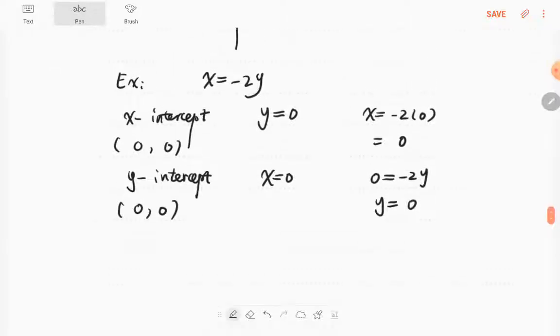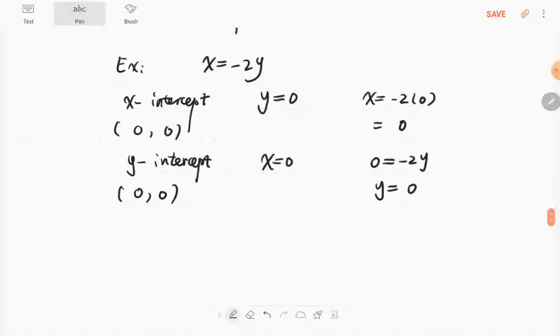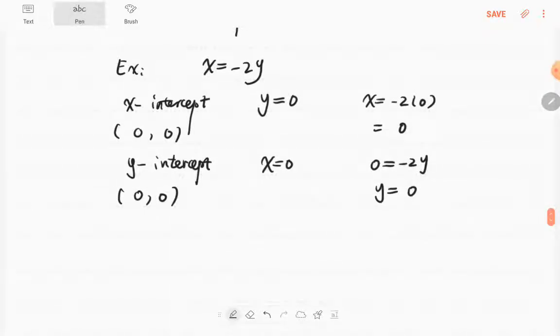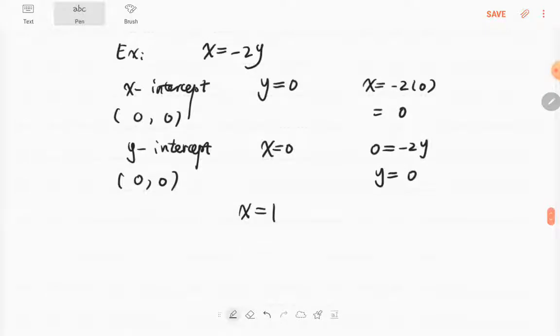We can set another one. Let's say for the third point we want to set x equals 1. Then we use 1 to replace the x value. Or let's say maybe x equals 2, which may be easier to draw. Then we use 2 to replace x.